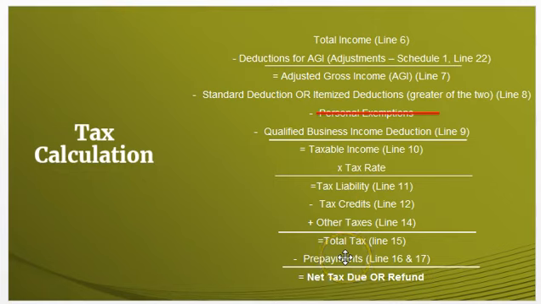There are other forms of prepayments, but all of those things then reduce our total tax. And then what is left over is either more tax that we owe or a refund. So depending on what we come up with as our total tax, we compare that to what we've already paid in, and the difference is either going to be net tax due or a refund.